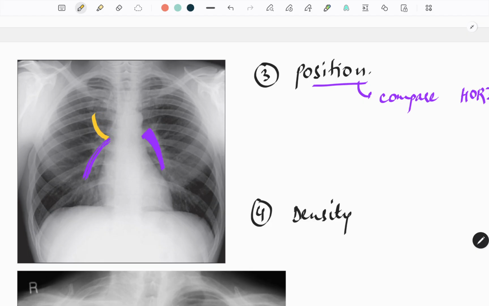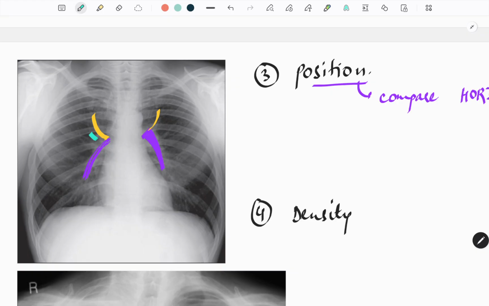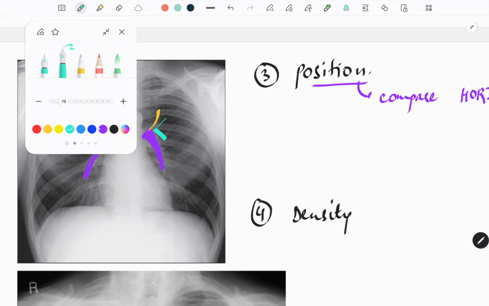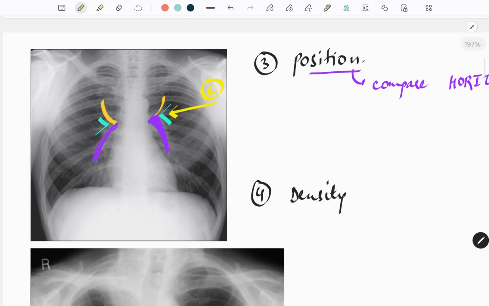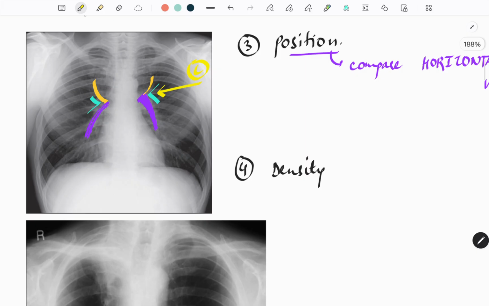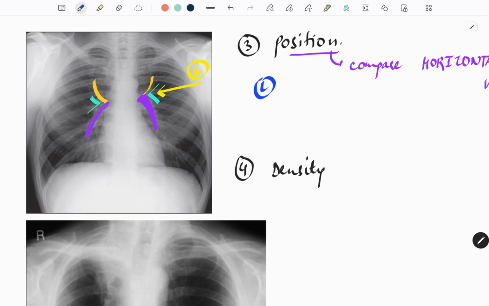This is the upper lobe vein here and this is the upper lobe vein here. Then this is the V point here and this is the V point here. As we can see, the left side of the hilar V point is located superiorly.